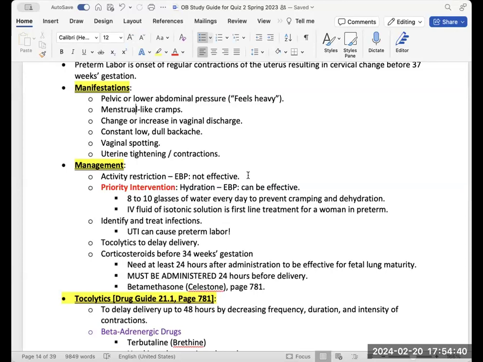If this mom is at risk for preterm labor, we give corticosteroids before 34 weeks gestation, and it must be administered 24 hours before delivery, and that's going to help with the lungs, okay? And the drug is beclomethasone, okay?